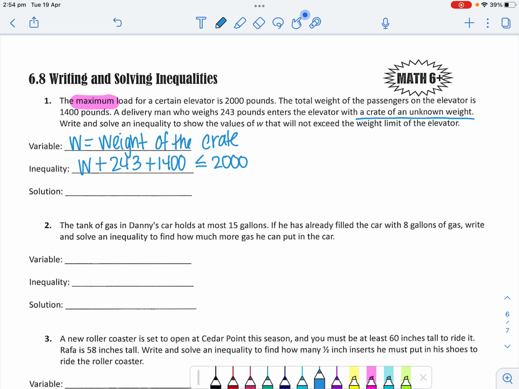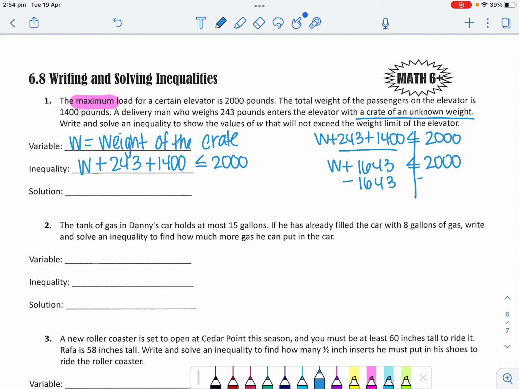So when I solve this inequality, the first thing I'm going to do is combine like terms. So W plus 1643 is less than or equal to 2,000. And then I'm going to subtract 1,643.